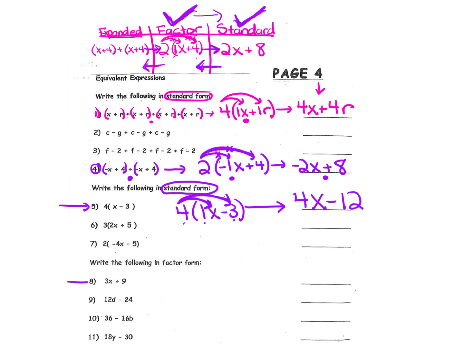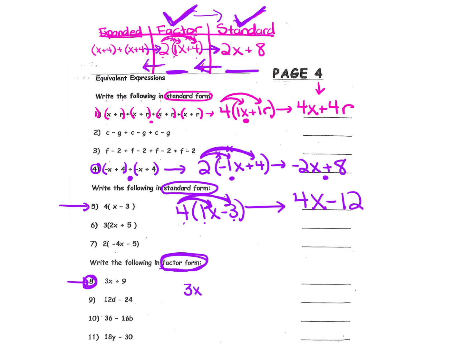It gives you an expression in standard form, but you have to move backwards and put it into factor form. We're starting in standard form in number 8, and we're asked to go backwards to factor form. Let me remind you how that is done.